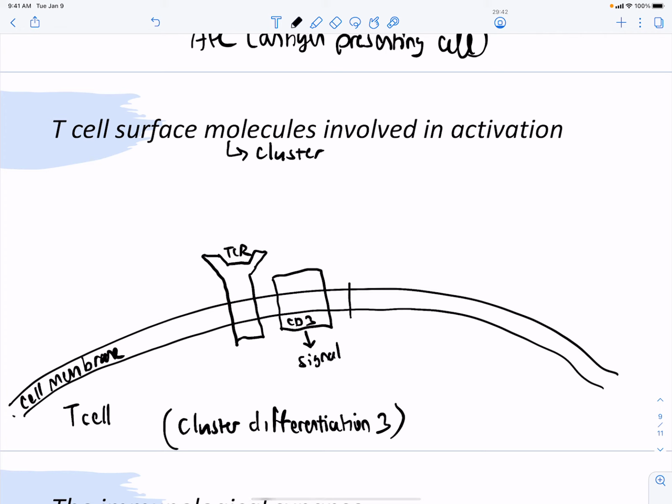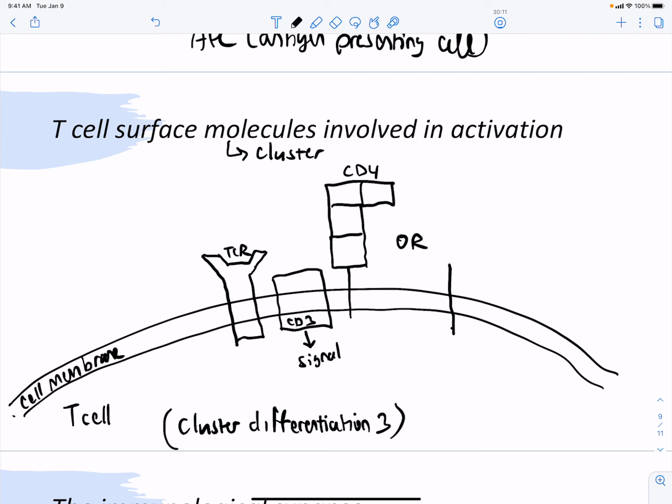Your T cell can also have a CD4 molecule. CD4 molecule looks like almost an F. It has 1, 2, 3, 4 parts, and so this is called cluster differentiation 4 molecule. Or your T cell can have cluster differentiation 8 molecule, which looks just a little bit different.